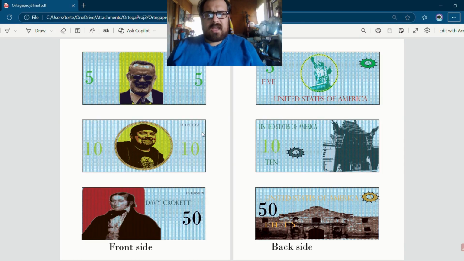For the fonts for the five and the United States, which represents where the currency is being used, I went with red for that one. For the $10, I went with green, and as for the 50, orange.